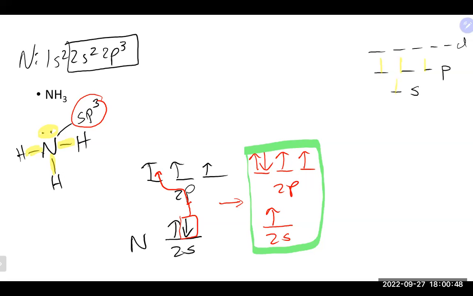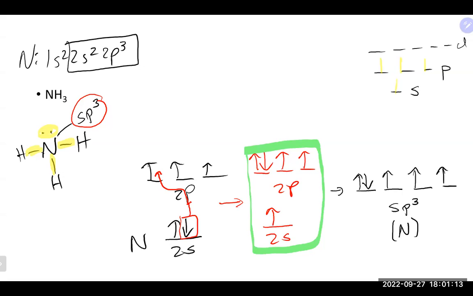So I hybridized 4 atomic orbitals, which gives me 4 equivalent sp3 hybrid orbitals. Now, when we look at it, we've got one that's paired off, and 3 of them that now have single electrons. And once again, this is the hybridization on our nitrogen.